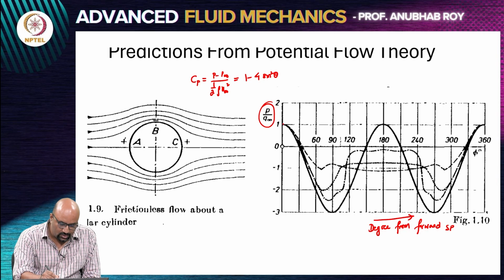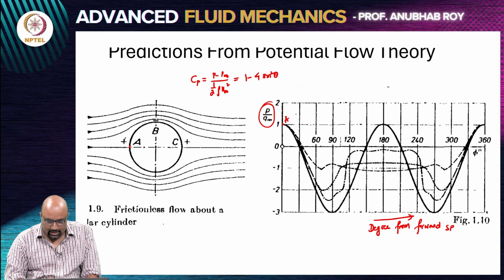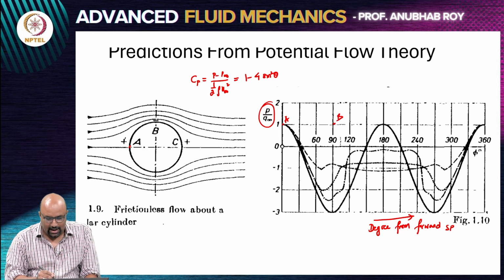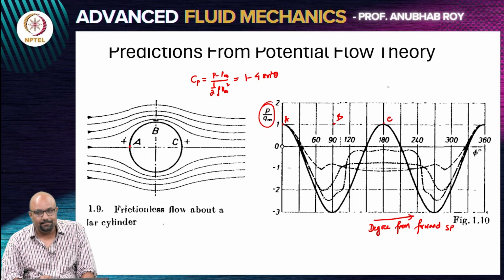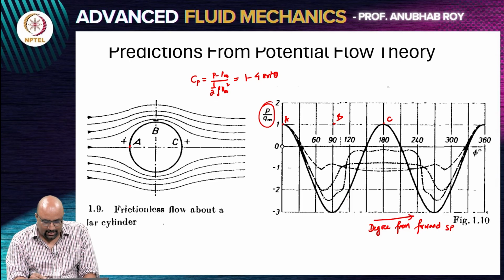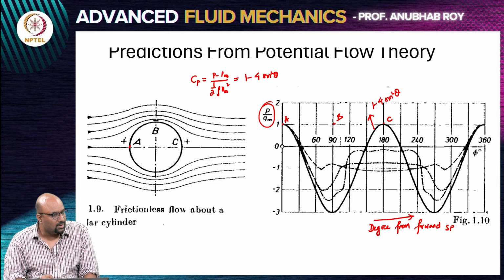Theta equals 0 is point A. Theta equals pi by 2 is your point B, and theta equals pi is your point C, and then you move to the bottom hemisphere. The dark line that you have is what you would get, the 1 minus 4 sine square theta plot. This is the derivation from class.